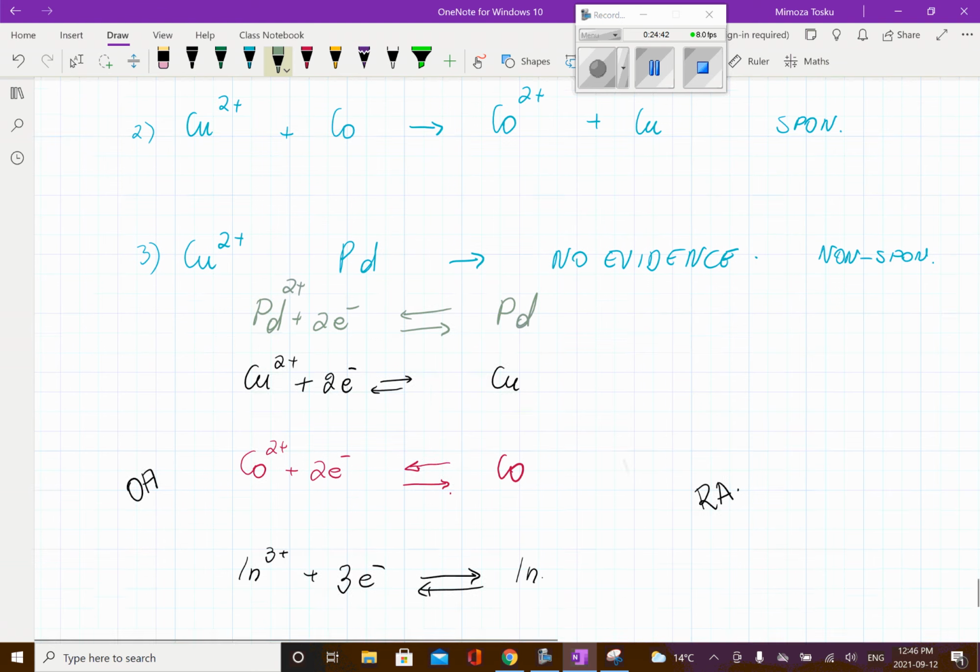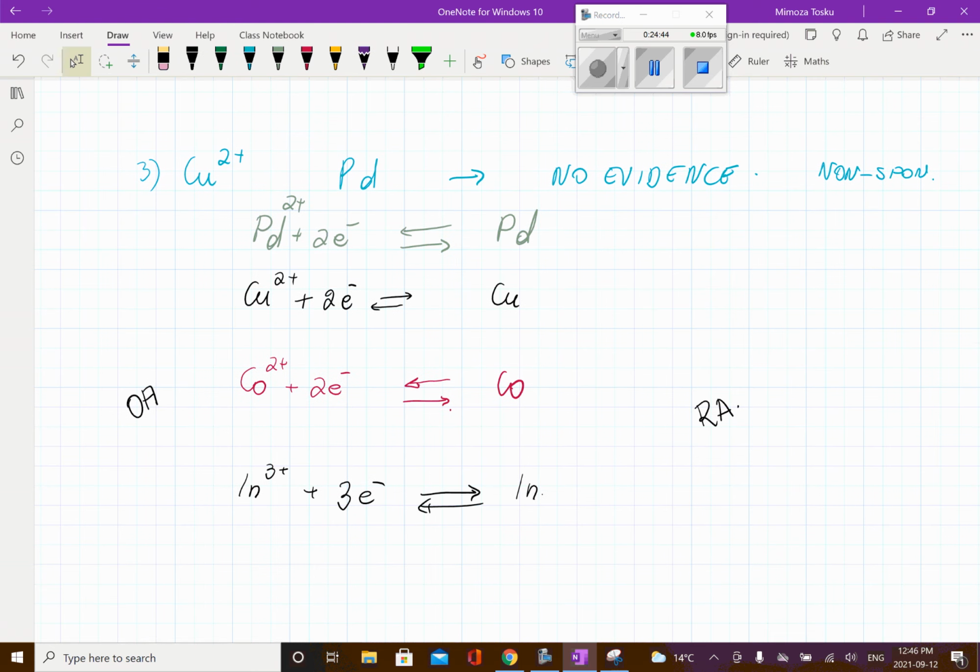So now, if we are sorting from the strongest oxidizing agent to the weakest oxidizing agent, then the order is: strongest will be Pd 2 plus, then copper 2 plus, cobalt 2 plus, and iron 3 plus.